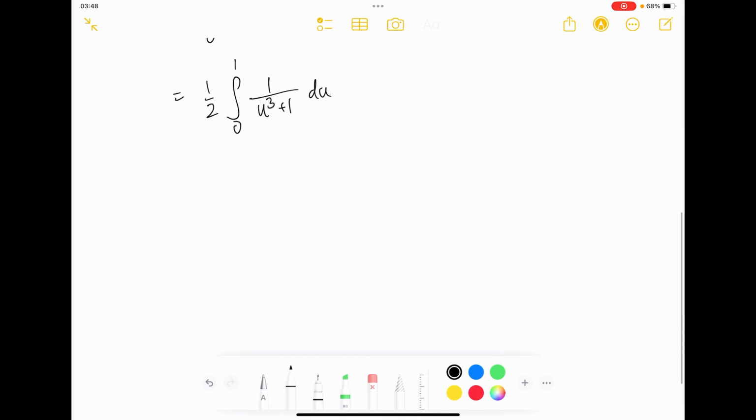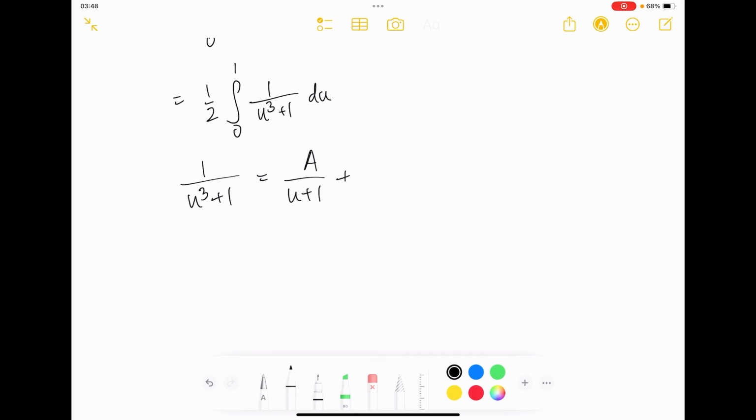This is a pretty standard integral, I guess, but again, we kind of have to do it. So we're going to use partial fractions. We're going to decompose this into its two parts. It factors into u plus 1, and because it's linear, we've got a constant at the top, and then we'll have a quadratic, which is u squared minus u plus 1, leaving us with a linear term up top.